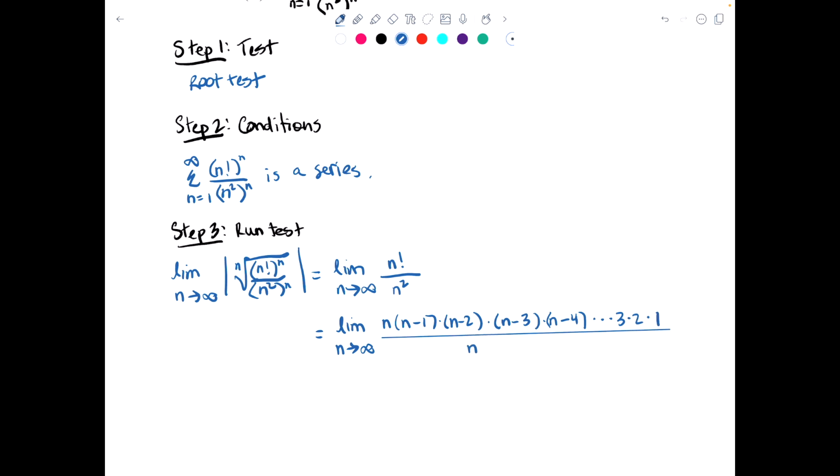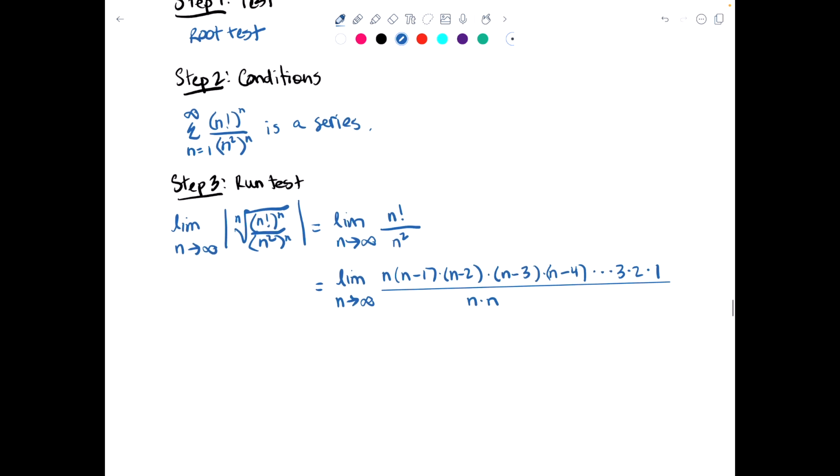n squared is just n times n. So initially this limit may not go to 0, but as n approaches beyond 3, well, maybe a little further, but as n tends to infinity, this is going to zero out, which is less than 1.